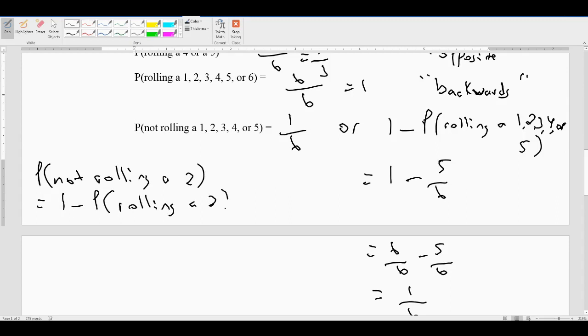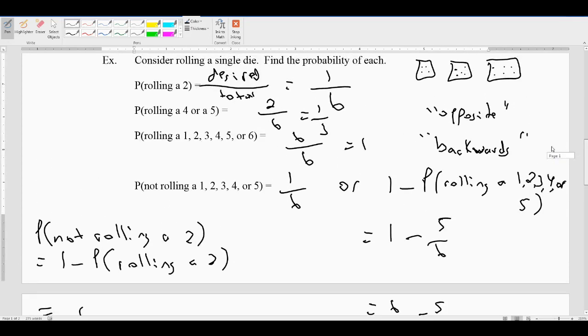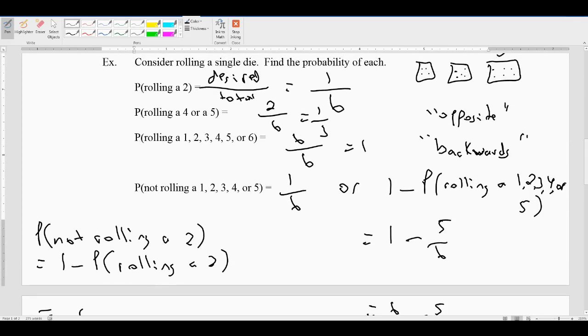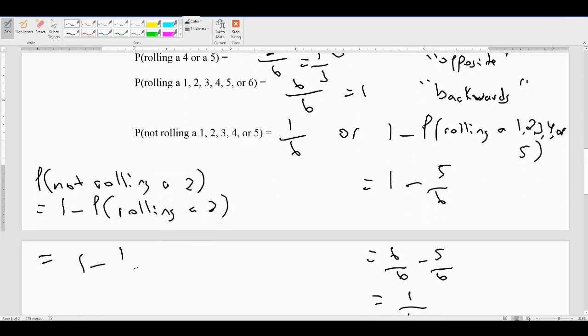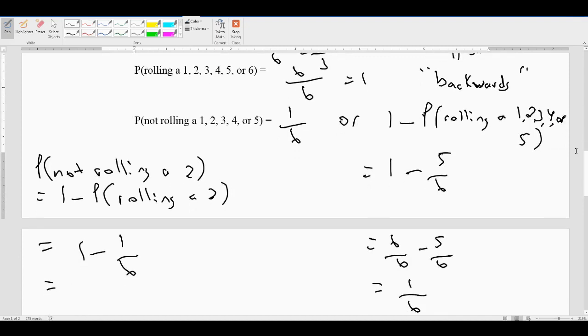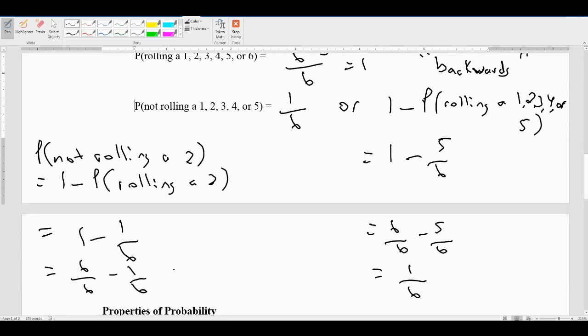Because we just found out, what's the probability of rolling a 2? 1 out of 6. So this would be 1 minus 1 over 6. It's a backwards way. And 1, once again, we've already seen is 6 over 6. And 6 over 6 minus 1 over 6 is 5 out of 6. So that may be a better example for that one.